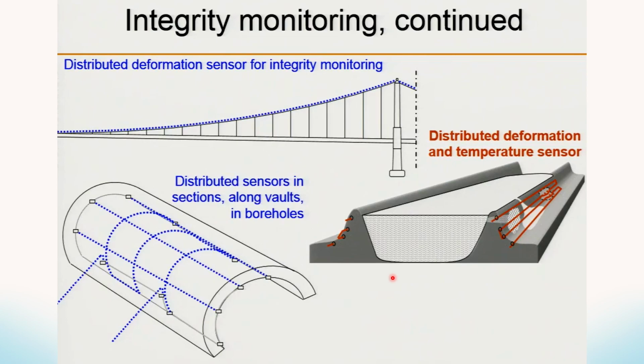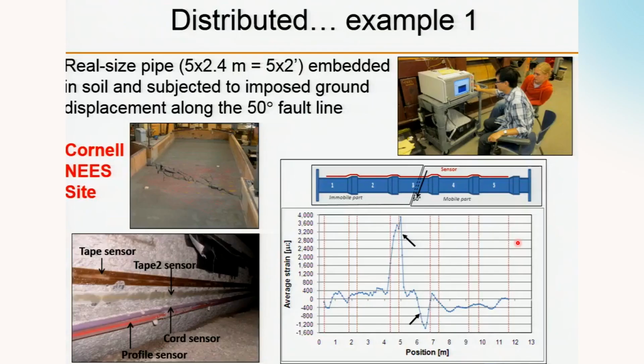Then we have integrity monitoring and the distributed deformation sensor. For integrity monitoring, we can have the distributed sensor in bridges and tunnels, and for dam monitoring. Then we have examples of where distributed sensors can be used.